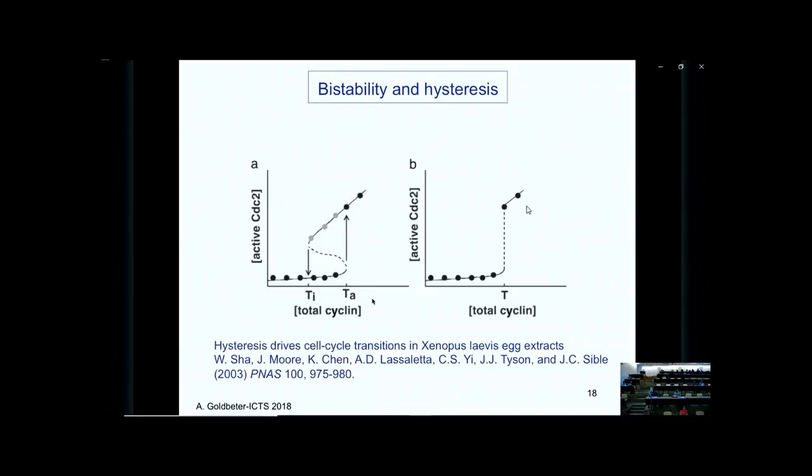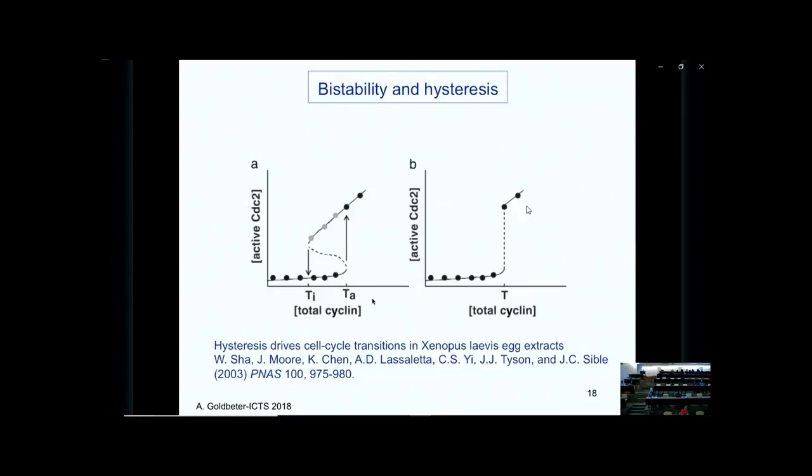Then they diminished the cyclin concentration, and they found that there is a jump to a low value of CDC2 activity, but the jump occurs at a lower cyclin concentration than the jump corresponding to the upper value of CDC2 activity. In other words, this is called hysteresis. Hysteresis denotes this phenomenon where you have a jump between two states which occurs at different limit points.